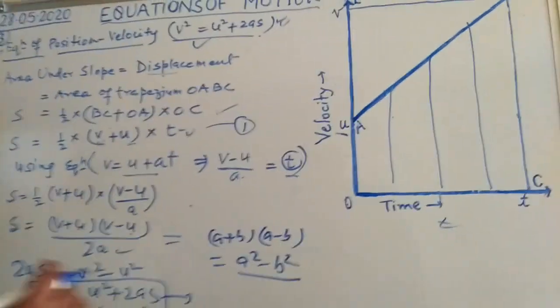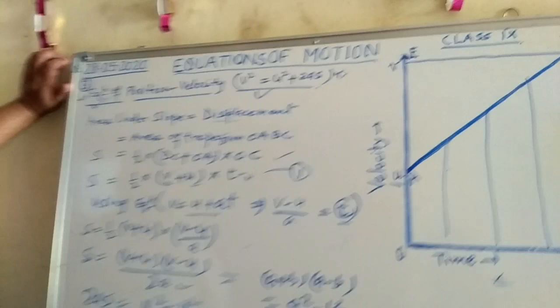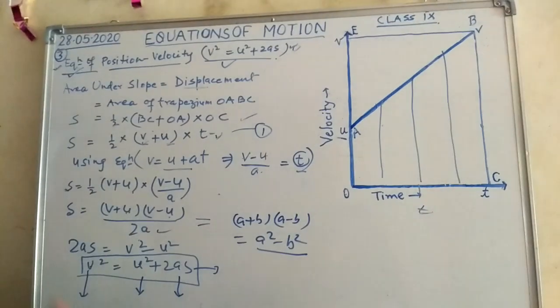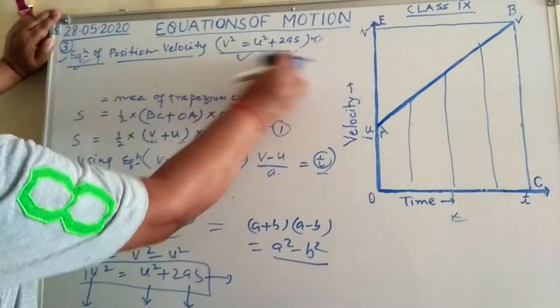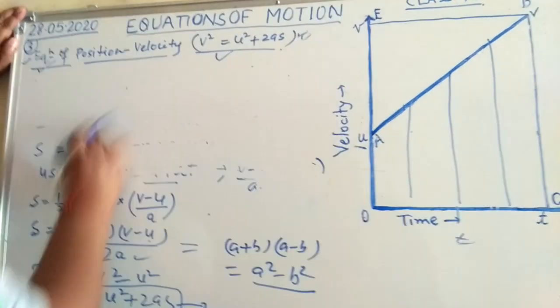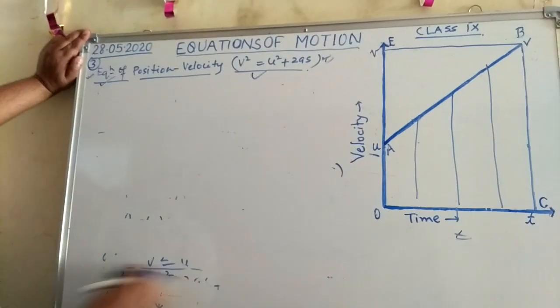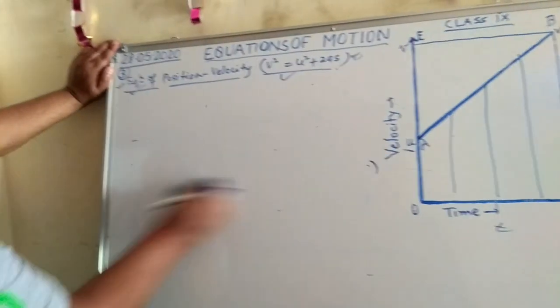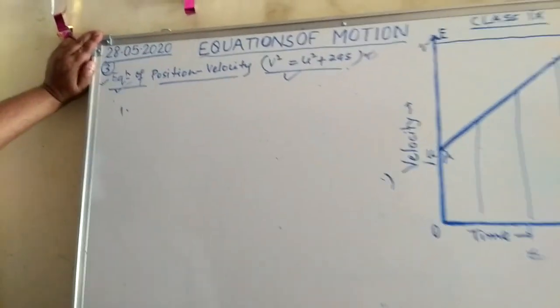So this is all about the third equation, V square is equal to U square plus 2AS. These three equations of motion are very important while solving numericals. Now we give some tips for solving numericals. You must remember the formulas we have already established.